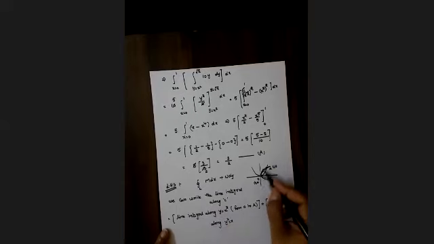This line is from A to O. So first line, we'll take and we'll evaluate.